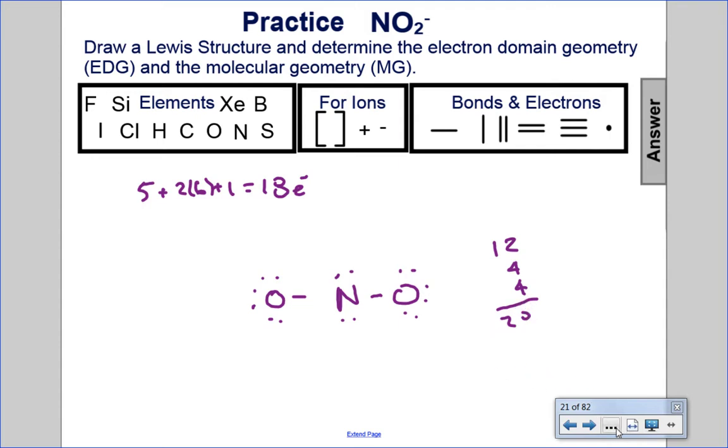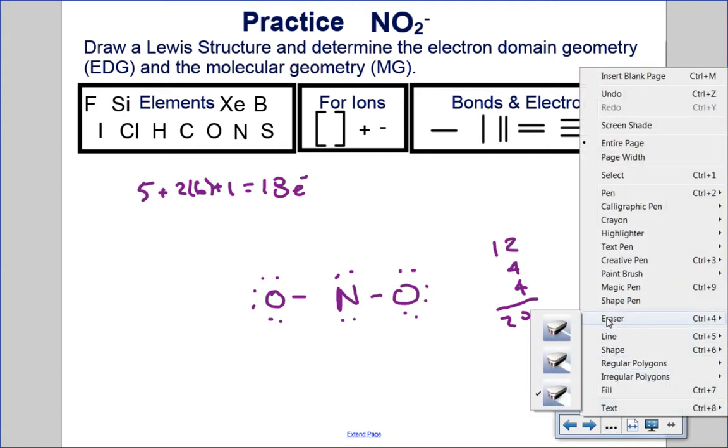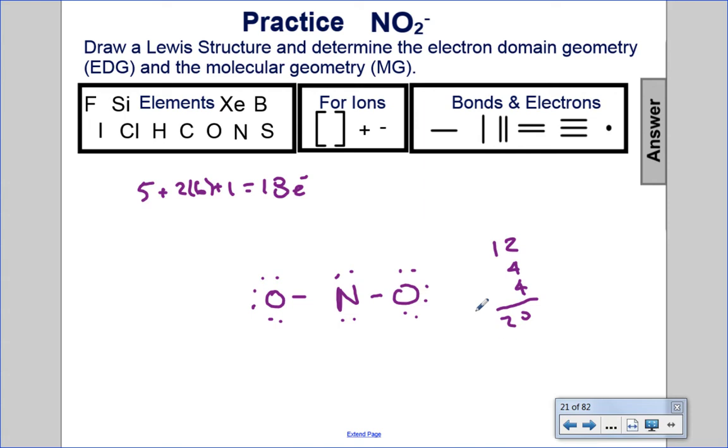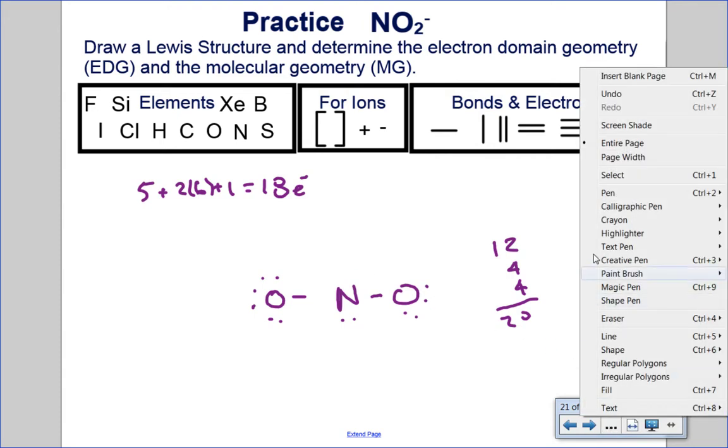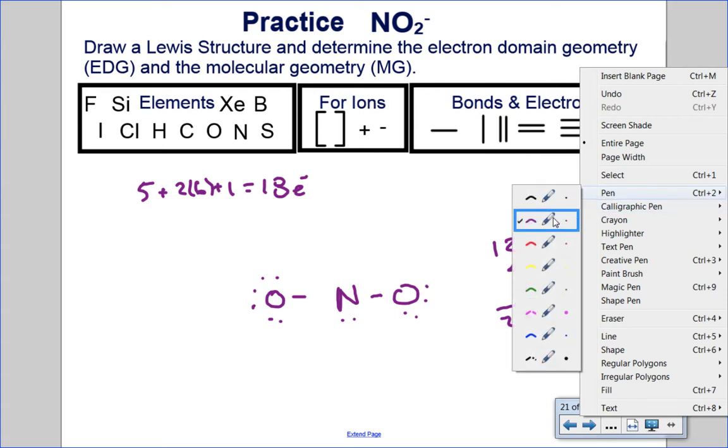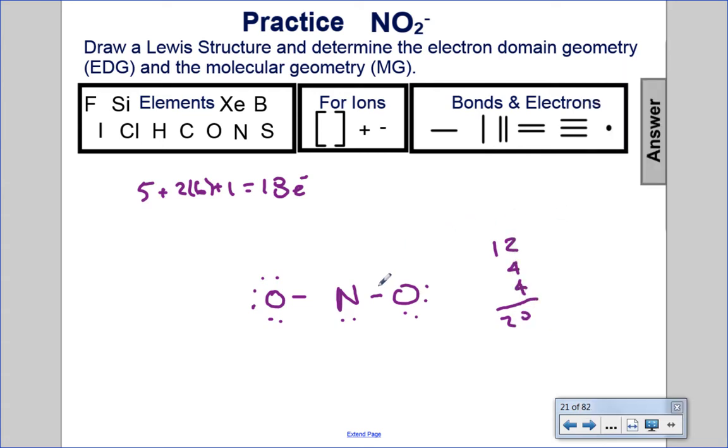So that what we're going to have is, to do this, we need to erase those 2 and those 2 and take the 4 electrons and replace it with a double bond that will count for both nitrogen and oxygen. Now, this is resonance.